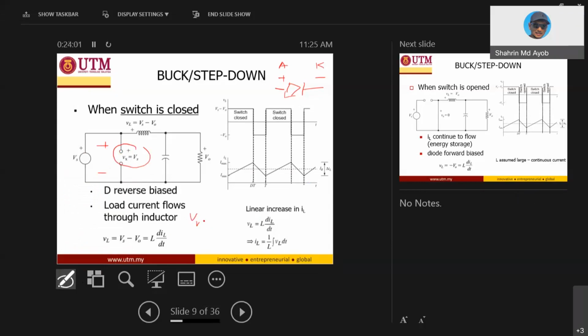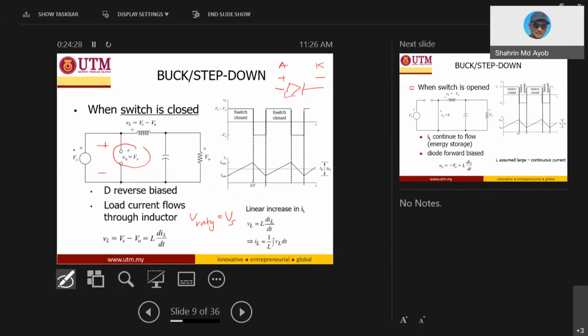V rating of the diode is equal to V supply. Because for diodes, you have a lot of ratings. So to select the diode voltage rating, you need to look at what is the voltage across the diode when this diode is off, which in this case is equal to the voltage supply.